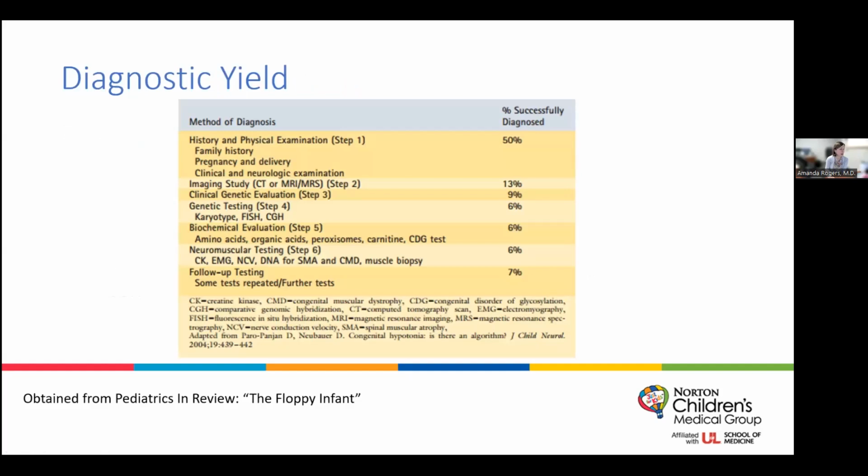Interestingly, though, even though we have all of these tests that can be helpful, one paper found that based on history and physical exam alone, 50% of patients were diagnosed successfully. And so it really is important to pay attention to all these factors that I've talked about, because that is really going to point you in the right direction in figuring out what's going on with a patient.